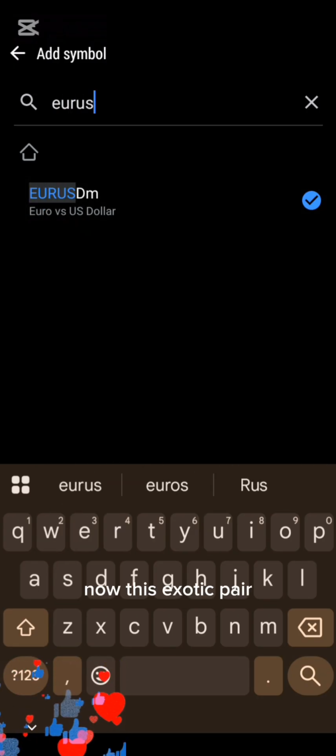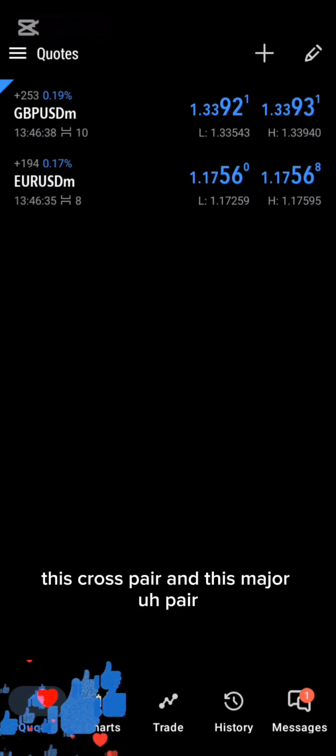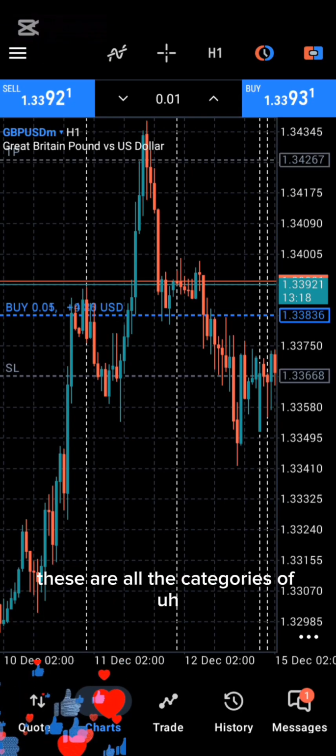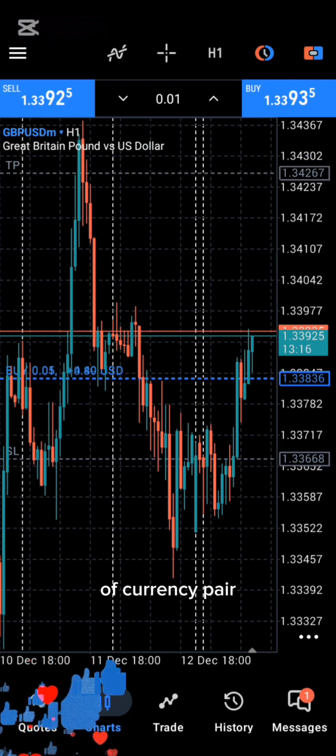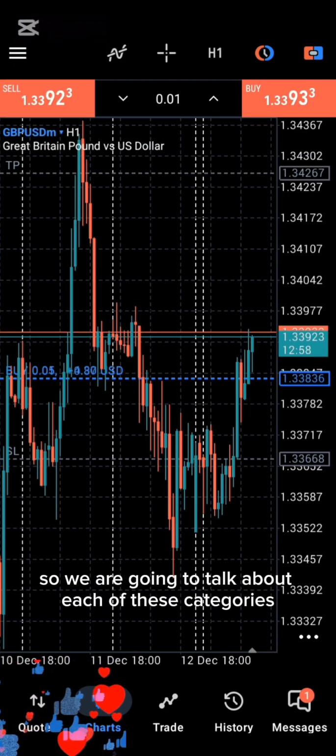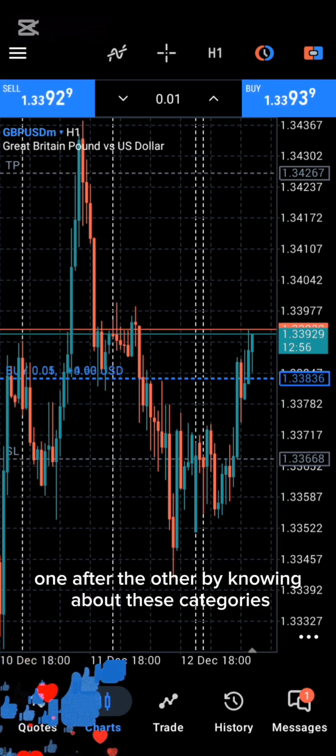Now, this exotic pair, this cross pair, and this major pair, these are all the categories of currency pair.